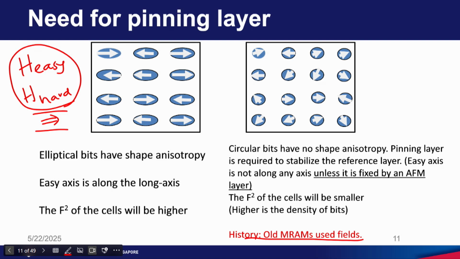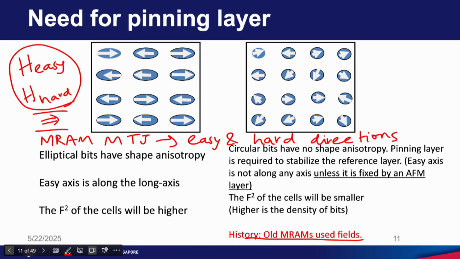By applying two magnetic fields, we select the MRAM that we want to switch. So, this means that the MRAM or the MTJ you make should have an easy and hard direction.